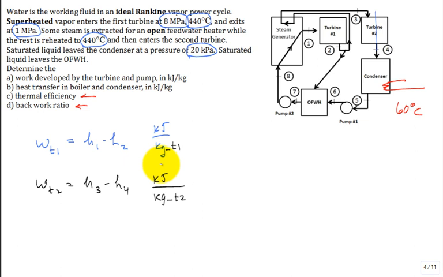So what you can do, if you want to put all of these specific works on the same per unit mass basis, is put them on the mass that went through the first turbine stage.